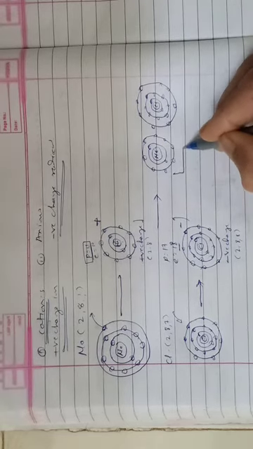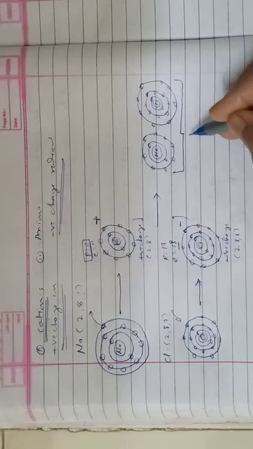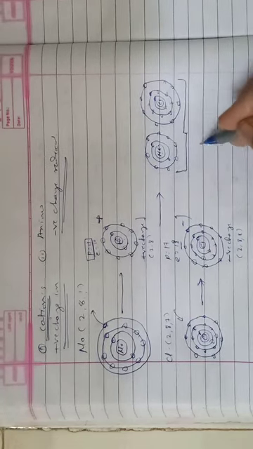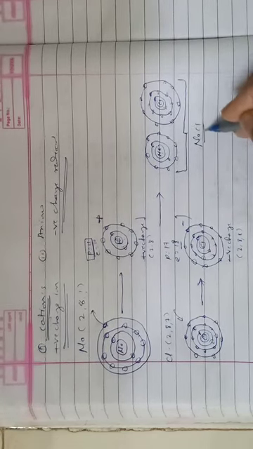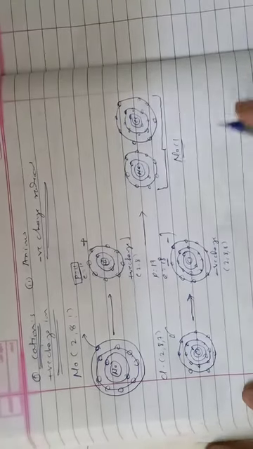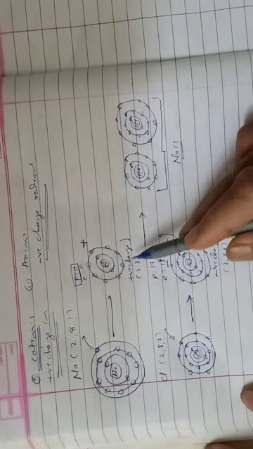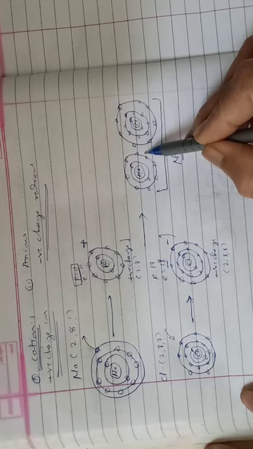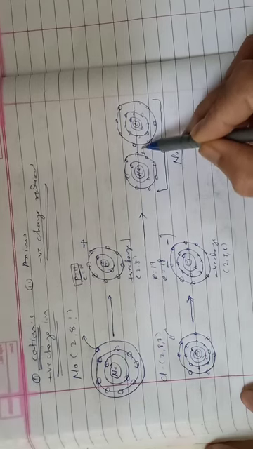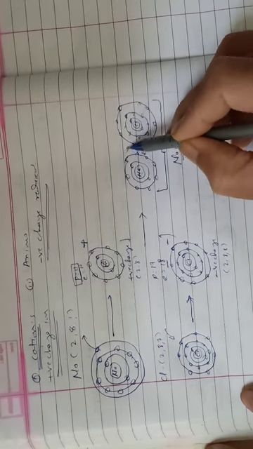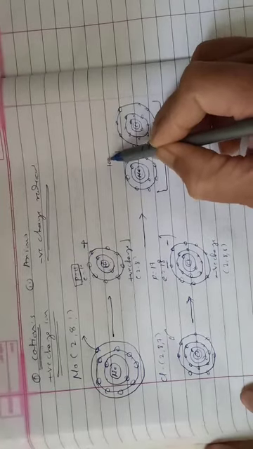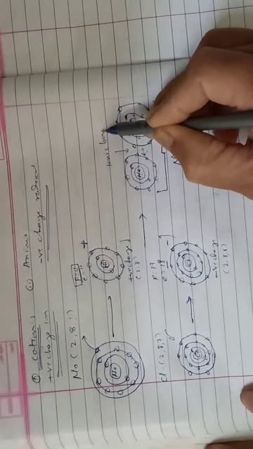This new substance contains Na and Cl, that is sodium chloride. These two ions of sodium and chlorine are bound because of the force of opposite charges. This force is called an ionic bond.